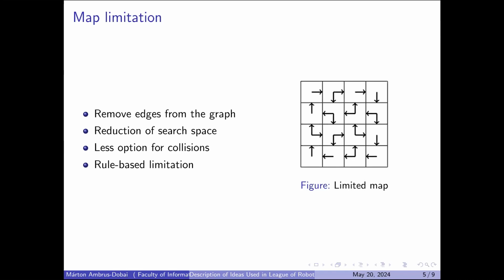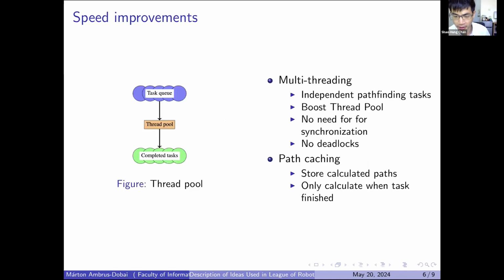Okay, thank you for the talk. I also have a question about parallelism. It's like how you cache and reuse the paths in the competition. So I stored all the calculated paths as a list of locations, and that is what I stored.